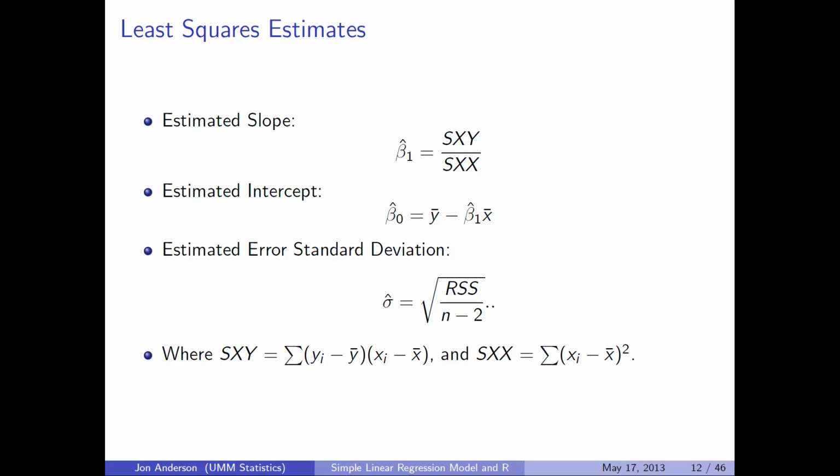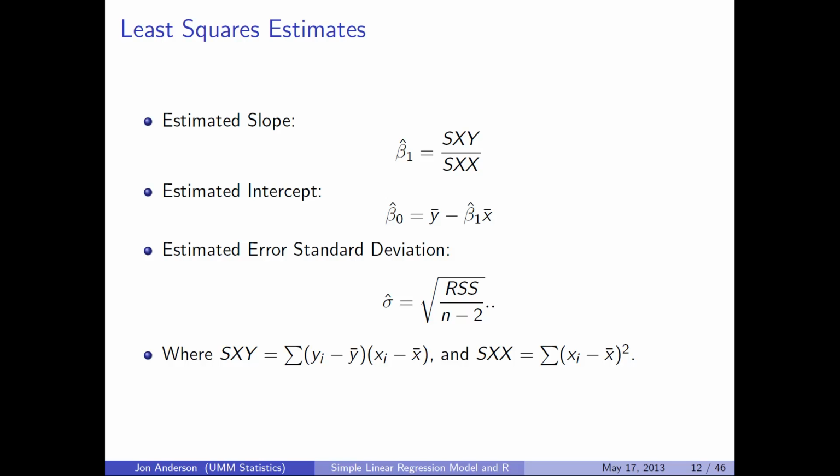Here are the formulas that R uses to calculate these estimates. Here's an expression for the best slope that will produce a line that goes through the points. Next, we come up with a formula for the best intercept that will take us through those points.